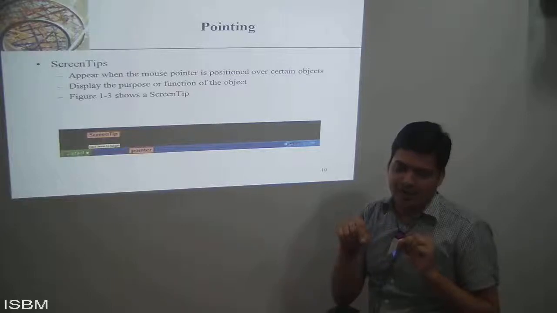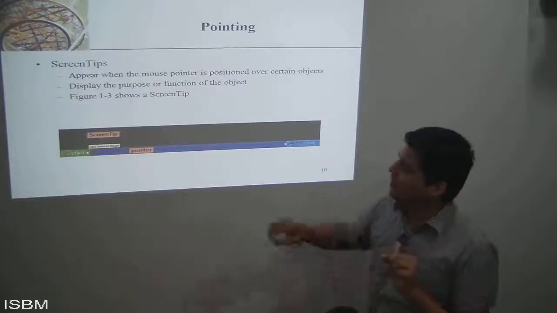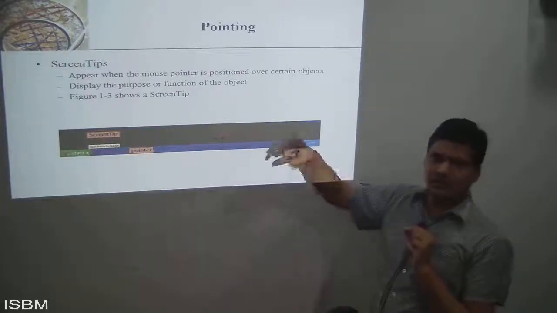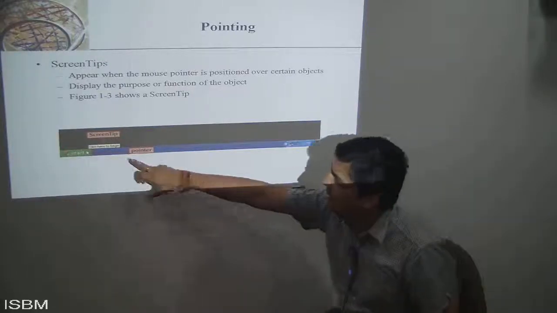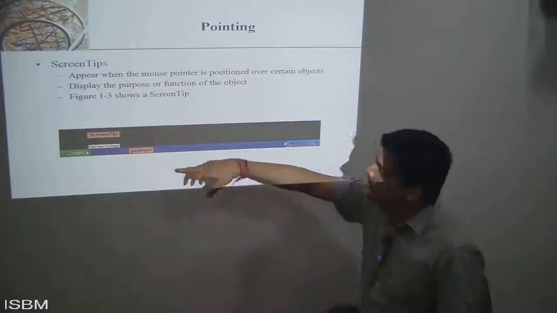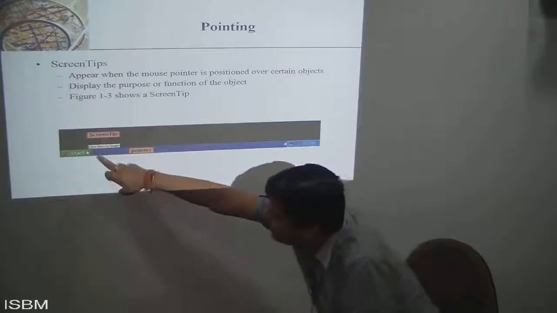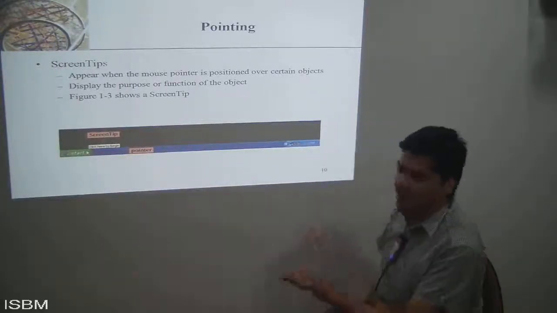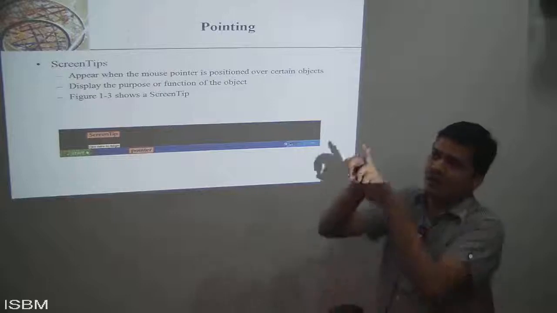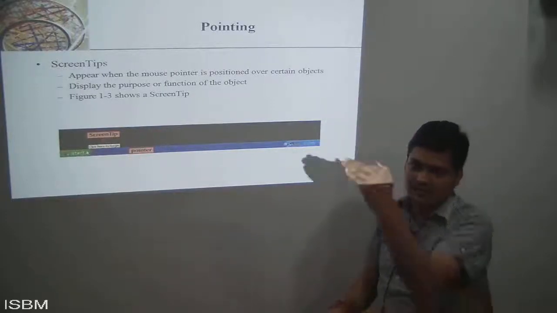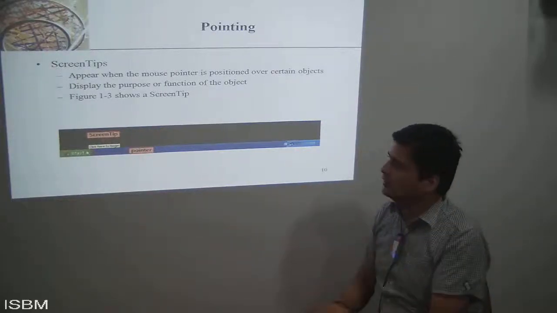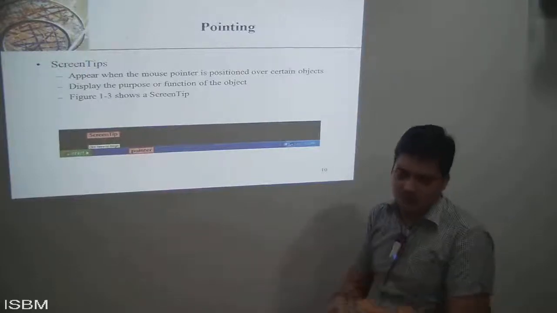Windows has a property to provide you screen tips when you put the cursor somewhere, so it will show you a pop-up like this: Click here to begin. So you put the cursor over here and you click on the start button. It will come with a dialog box, and there are a lot of options with other software and all the things. So you can choose whatever you want.